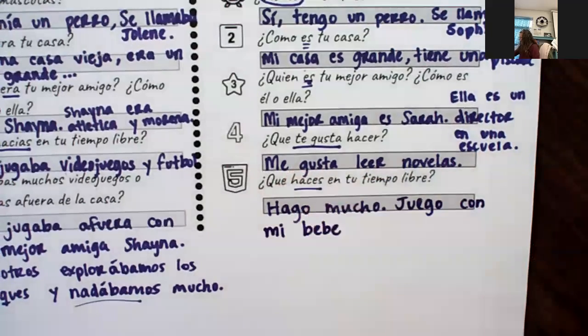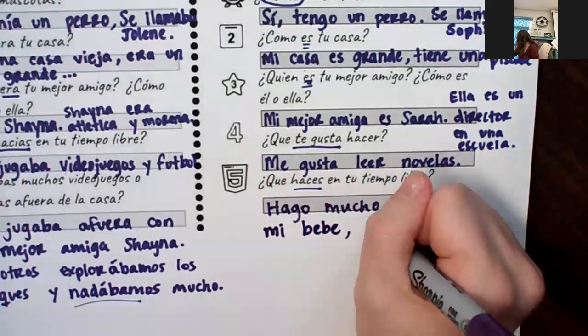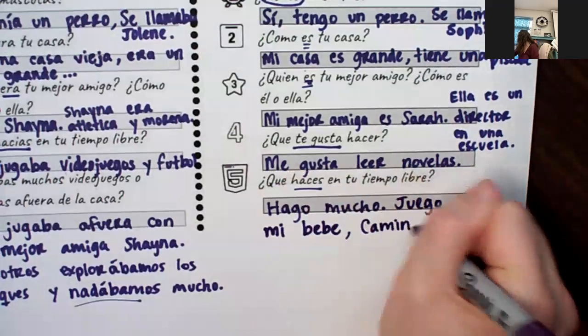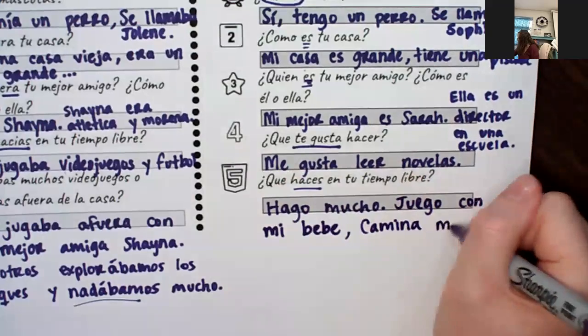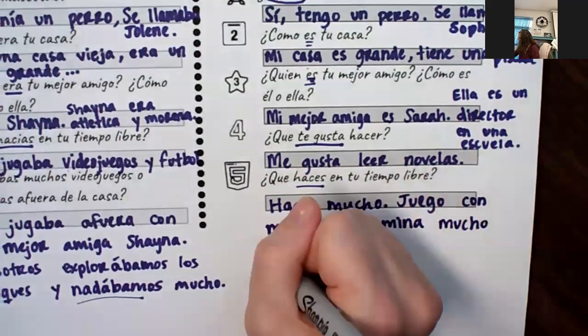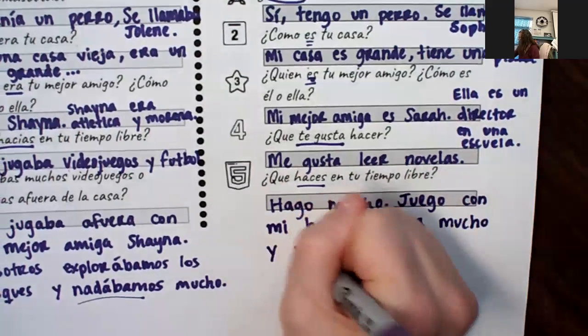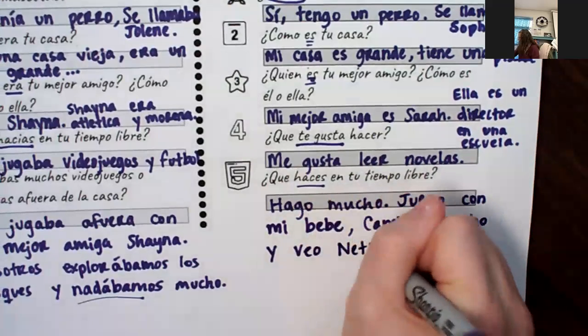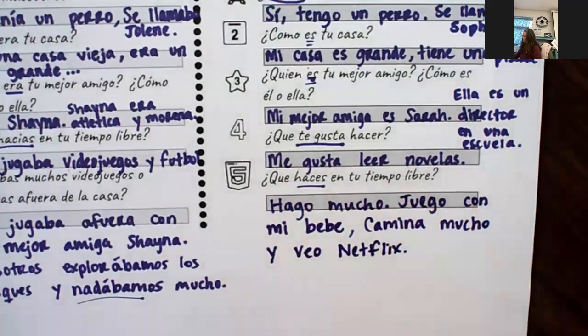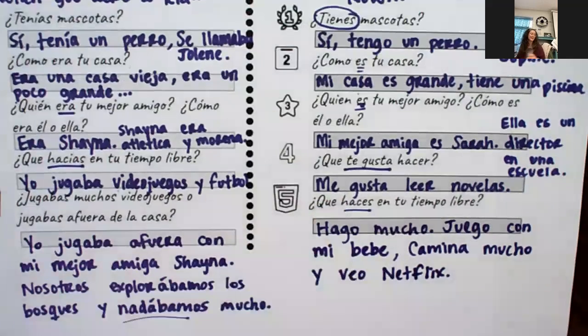I play with my baby. Camino mucho, I walk a lot. Y veo Netflix. And I watch Netflix. So that is my complete example of your first worksheet for the week.